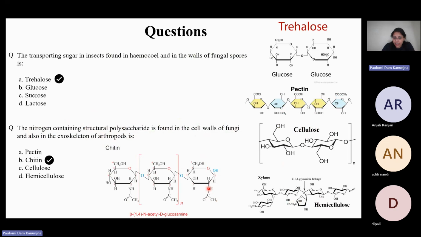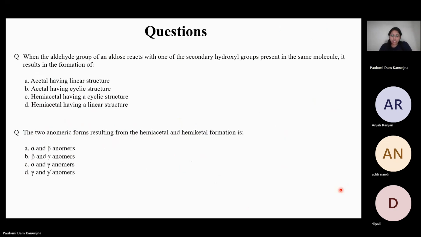In chitin, you have nitrogen here. So you do have chitin with nitrogen. But look at pectin, look at cellulose, and look at hemicellulose. They have no nitrogen in their structure. So that also tells you that these are not the correct answer. But of course, it's a well-known fact that fungi and arthropods have their exoskeleton made of chitin. Right. Okay. Next one.